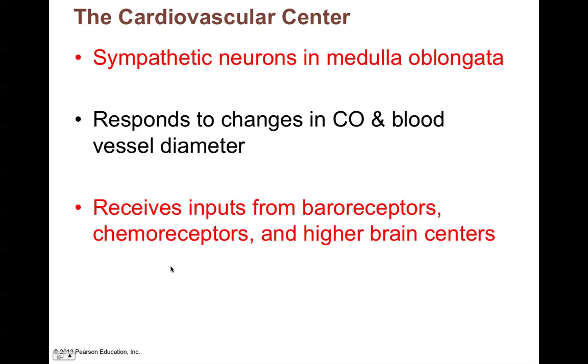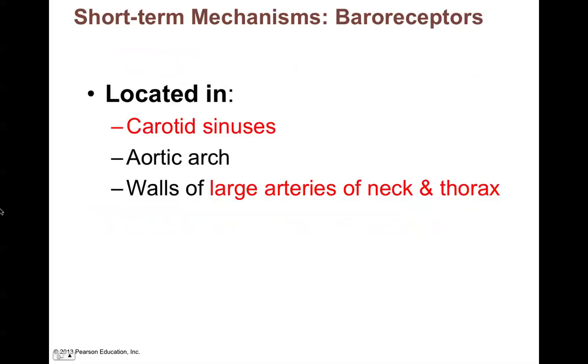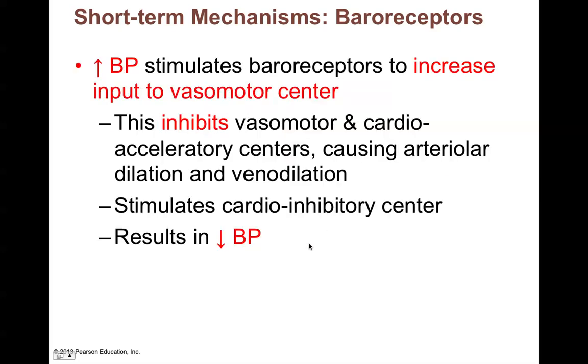It receives input from the baroreceptors, chemoreceptors, and higher brain centers. An example of a chemoreceptor would be responding to levels of oxygen or CO2 in the blood. Baroreceptors, we find these in the carotid sinuses, in the carotid arteries, the aortic arch, and the walls of the large arteries of the neck and thorax.